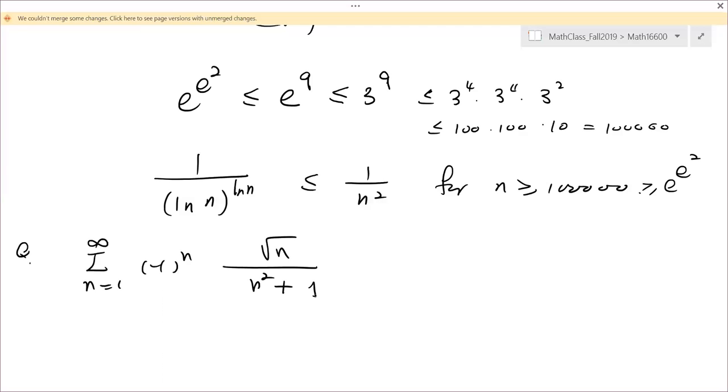If you use the ratio test or root test, the limit is always going to be 1. It's inconclusive, so you cannot get any credit. If your limit is 1 and you say it's convergent, that means you don't know the ratio test, because the ratio test tells you clearly it is inconclusive.